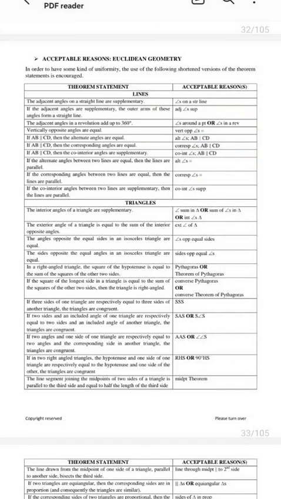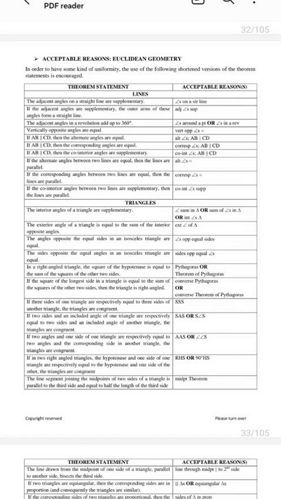Okay, so the first one says, if AB is parallel to CD, then the alternate angles are equal. So I repeat, if AB is parallel to CD, then the alternate angles are equal.